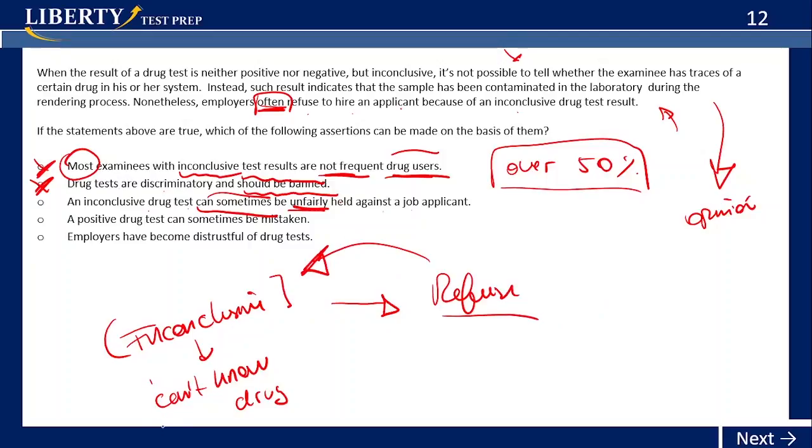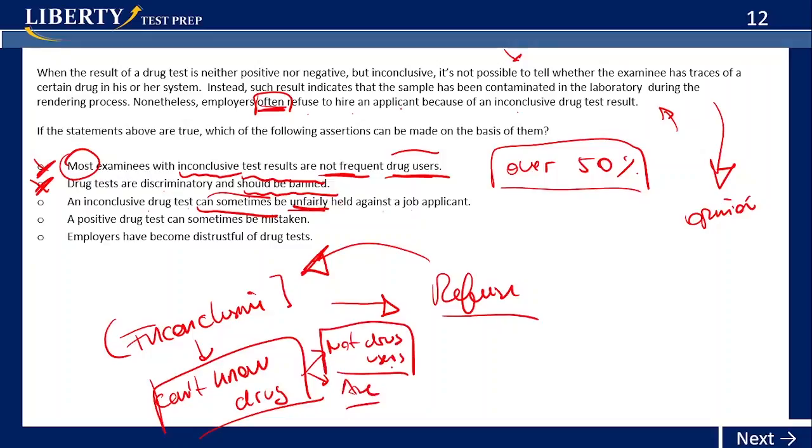So for those people, of course, we can safely infer that some people who get an inconclusive test result are not drug users, and some other ones are, maybe, right? But for those who are not drug users, they will also be refused by the employers.